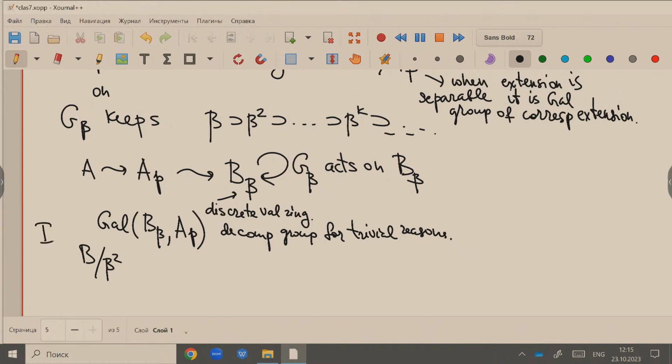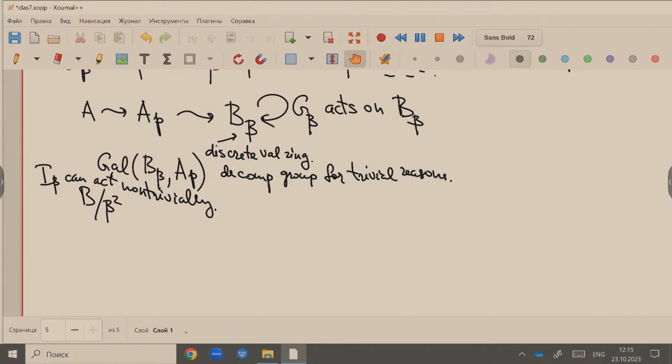So I beta can act non-trivially here. So you are defining the following filtration. You are defining a function on the elements of your group.